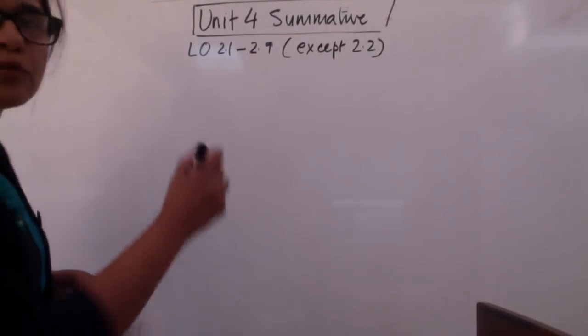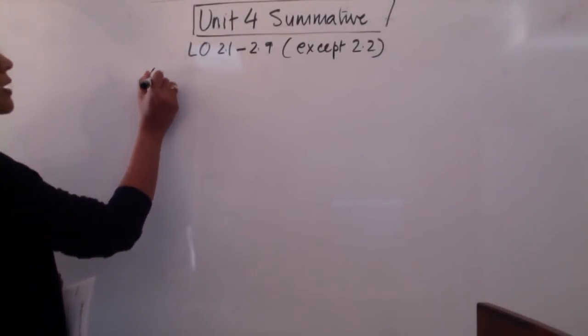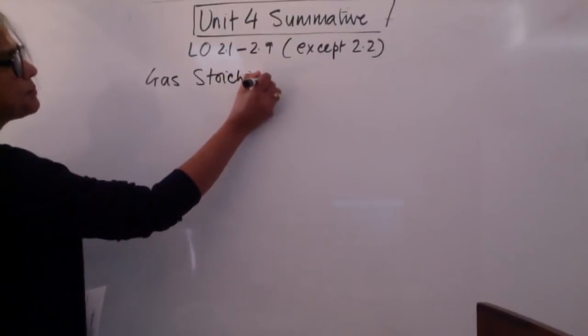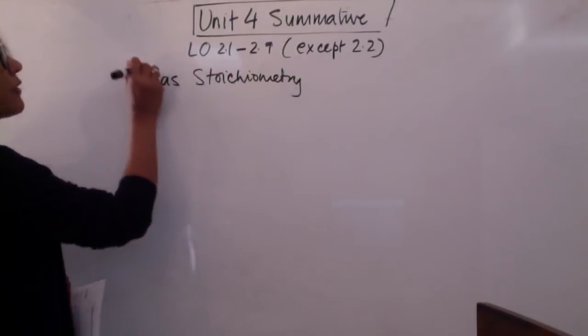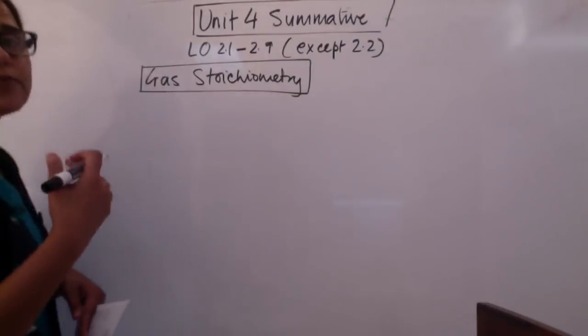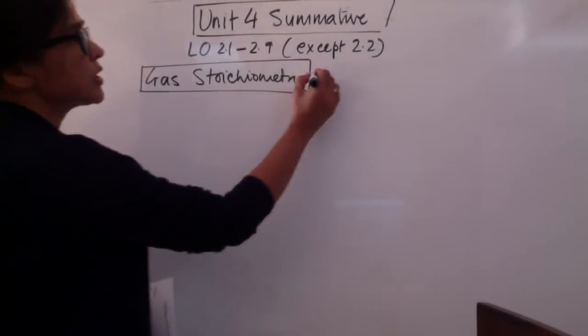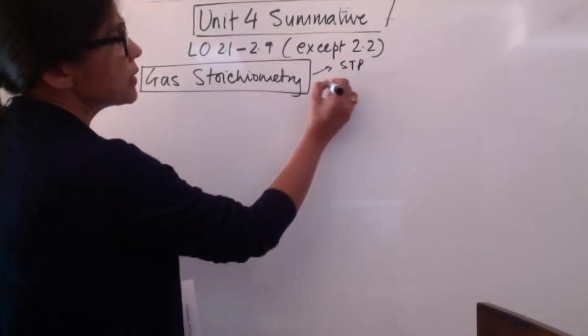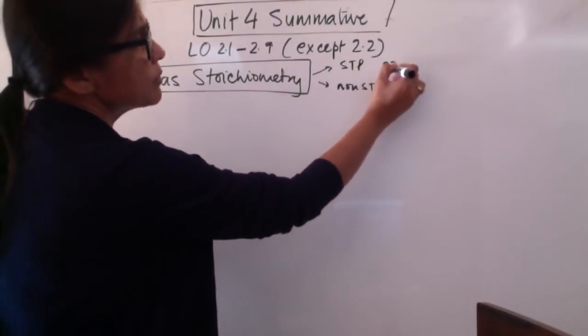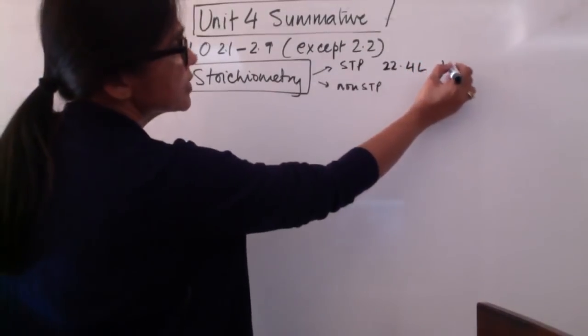Okay, so let's move on to a gas stoichiometry question. And remember, when you're given a gas stoichiometry question, the biggest thing you're trying to identify even before you start doing the question is whether it is a STP problem or a non-STP problem. Because if it is a STP problem, then it's 22.4 liters to 1 mole.